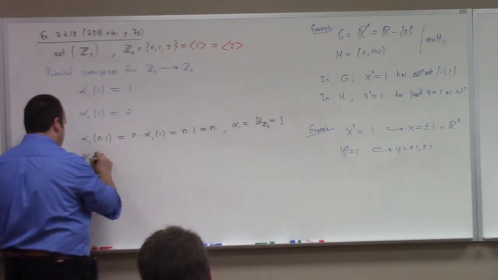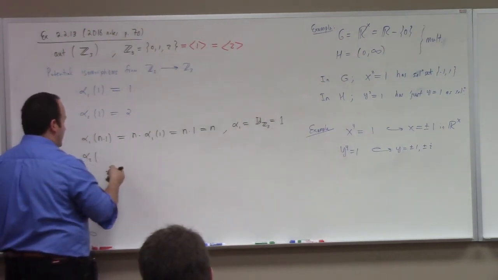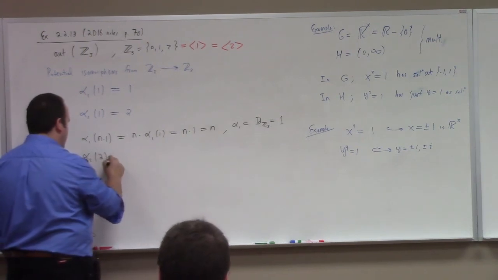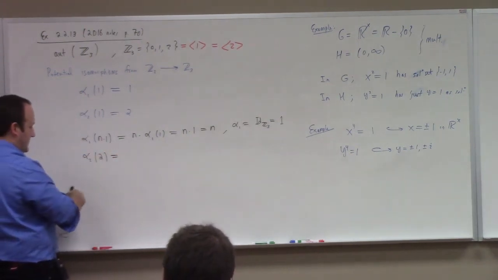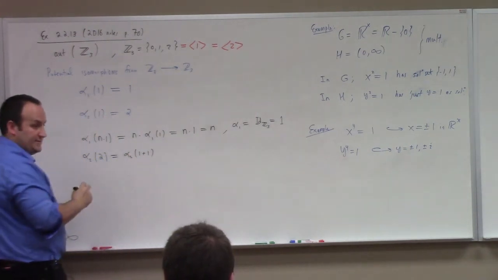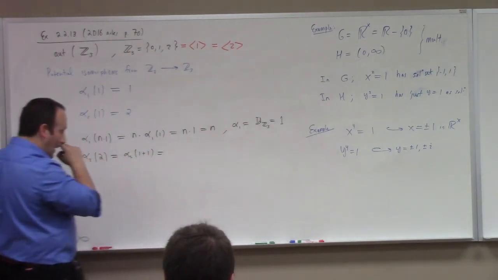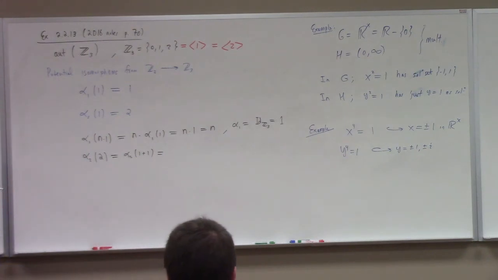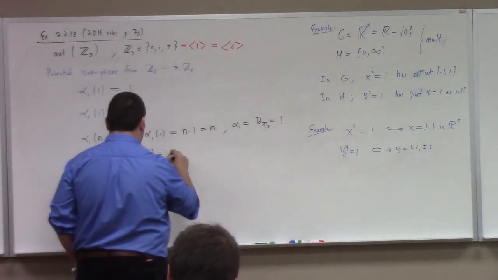Alpha 2 of, I mean, basically, we already know what happens to 1. What happens when we look at alpha 2 of 2? This would be alpha 2 of 1 plus 1, which is alpha 2 of 1 plus alpha 2 of 1.